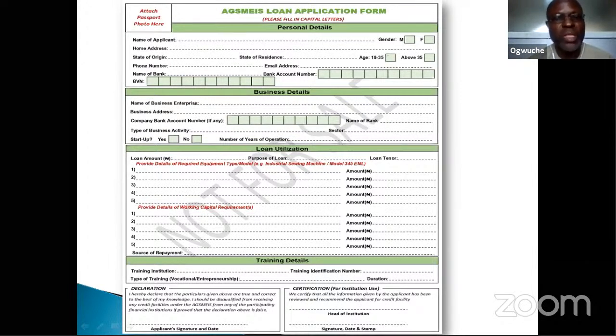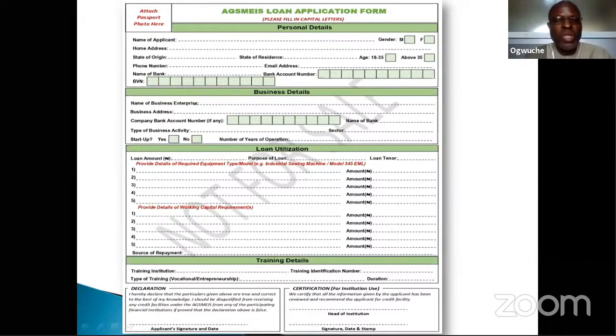The only difference here is the state of origin and state of residence. You could be from, let's say, Kaduna State, and you are resident in Kano. So you just indicate state of origin Kaduna, state of residence Kano. That's the only thing there. If not, every other thing is straightforward. Remember again, it's important that you give us your BVN.